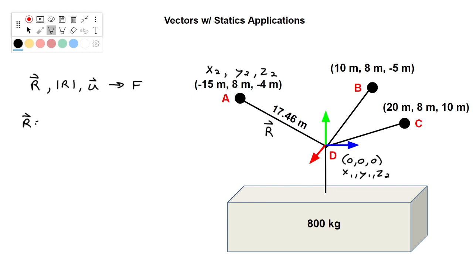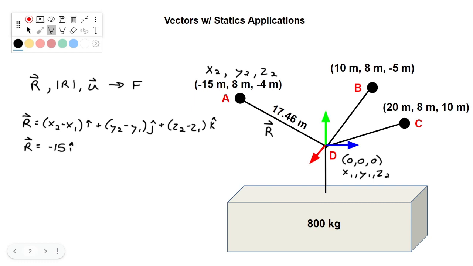And our resultant vector is going to be x2 minus x1 plus y2 minus y1 plus z2 minus z1. And we can see that because 0, 0, 0 is our x1, y1, z1, this becomes a little bit more trivial. So our vector is really just negative 15i plus 8j minus 4k. So now we have our vector.